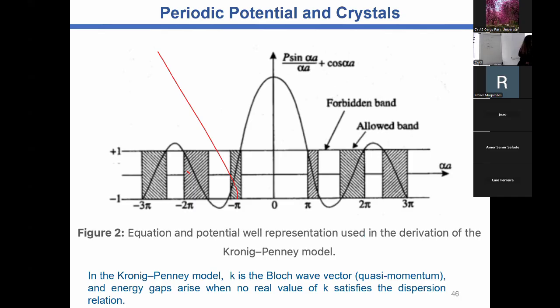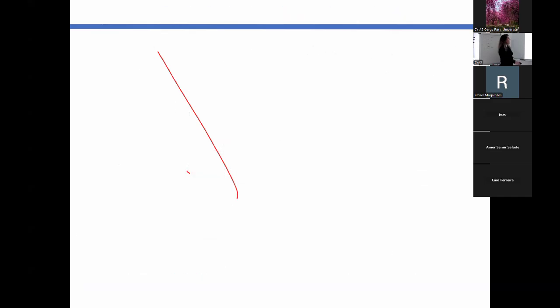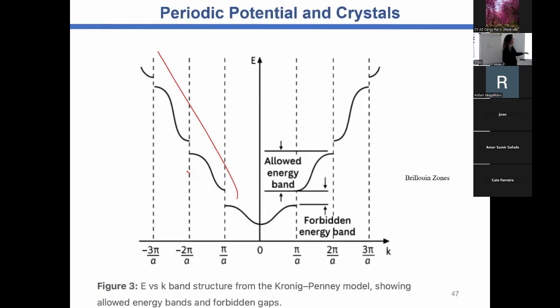Is that in some specific points of the lattice, we have some forbidden band that we must overcome with a specific energy that is directly related to the transition between the allowed states and forbidden states.